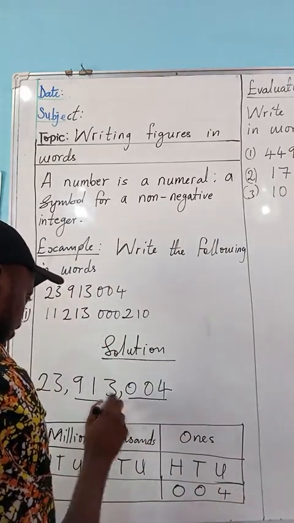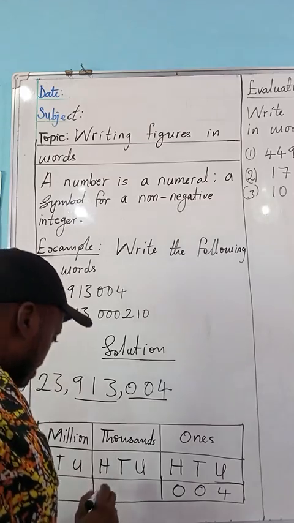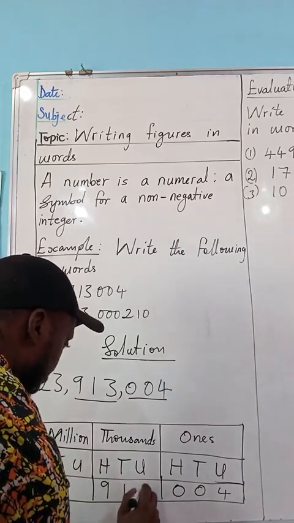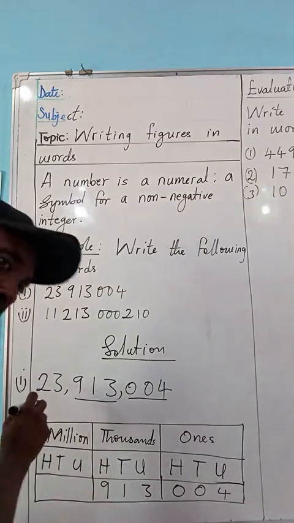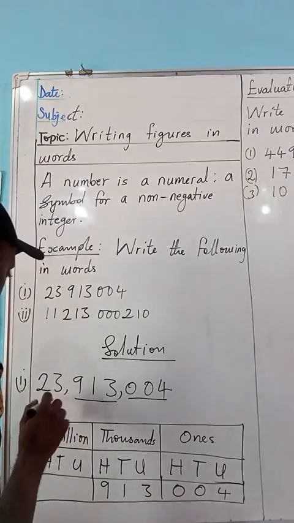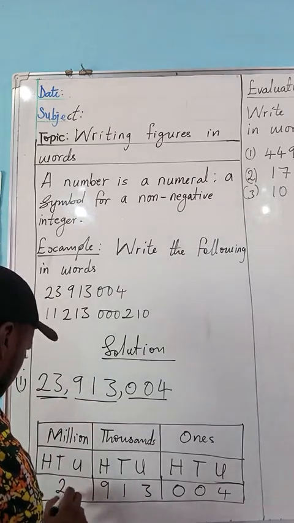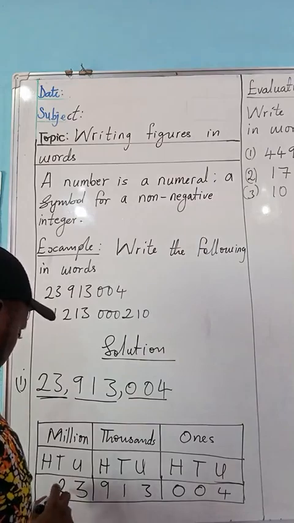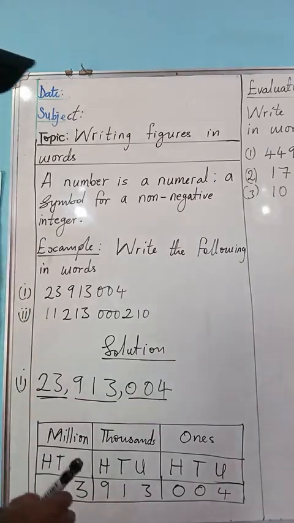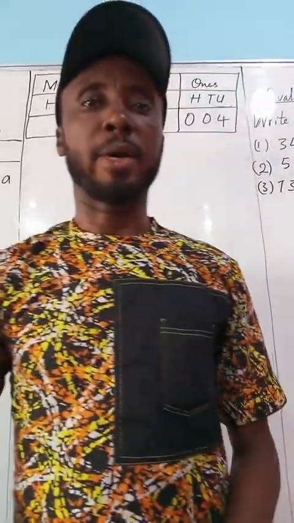This group of numbers under thousand will be 913. And this group of number under here will be 23. Alright.